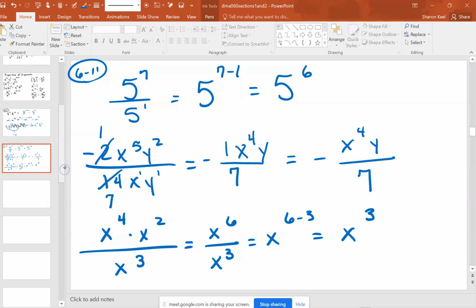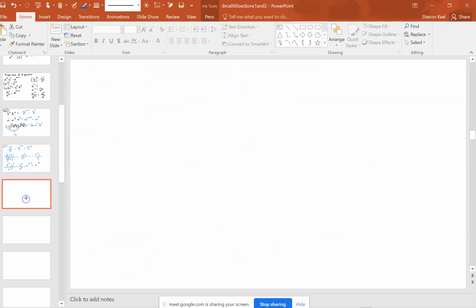Let me show you one. They didn't give you an example of this, but you're going to have this when you do your computer problems. You might have a problem where, let's say we have x to the 4th over x to the negative 7th. We subtract.